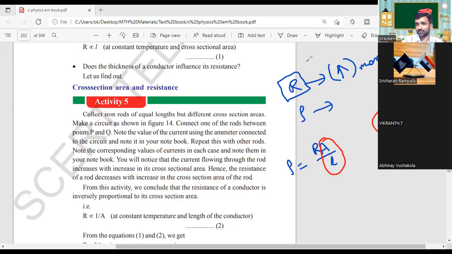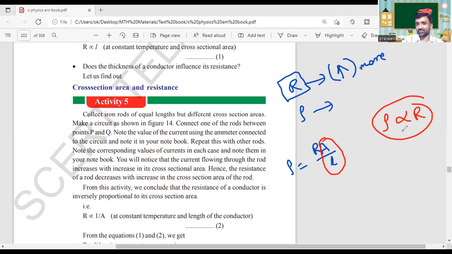Yes. So I made a relation between resistivity and resistance. So if resistance increases, the resistivity of the material increases, right? So this is the relation. If resistance is more, resistivity increases.